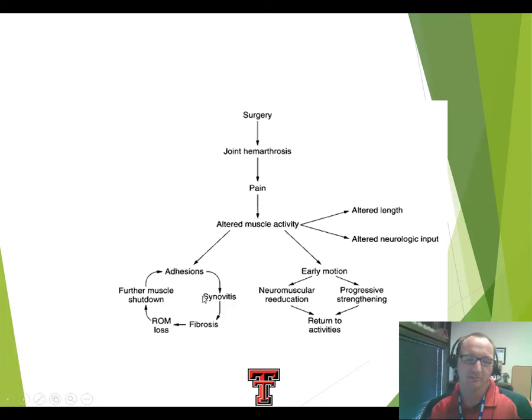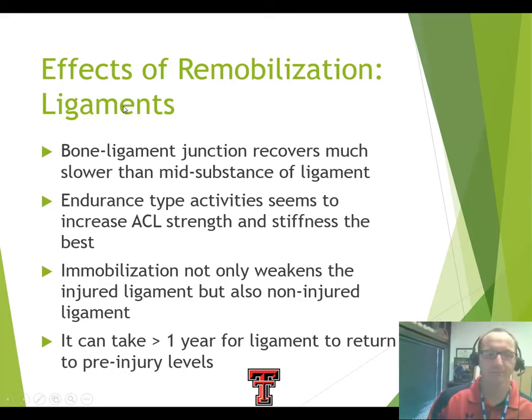We get more synovitis, further muscle shutdown, we get adhesions, and basically if you've got a patient that's here, they don't want to move. Okay, so if they're going to hurt regardless, let's try to get them moving early, and we can basically build upward from this. This isn't even a cycle, this is just a series of things, whereas this is cyclical and it's going to build on itself and it's going to worsen over time.